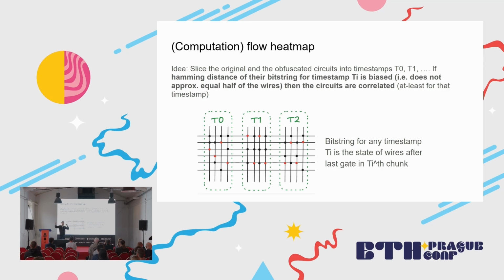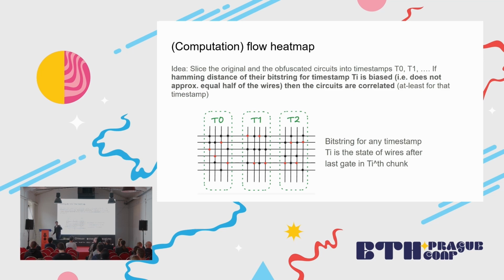Let's say you chunk these circuits into 10 time slices: 1, 2, 3, 4, 5, 6, 7, 8, 9, 10. If the state of the obfuscated circuit and the original circuit at time 5, or time i, whatever i is, are similar at that time slice, then they're correlatable, which means that the computational flow on the obfuscated circuit is similar to the computational flow in the original circuit.